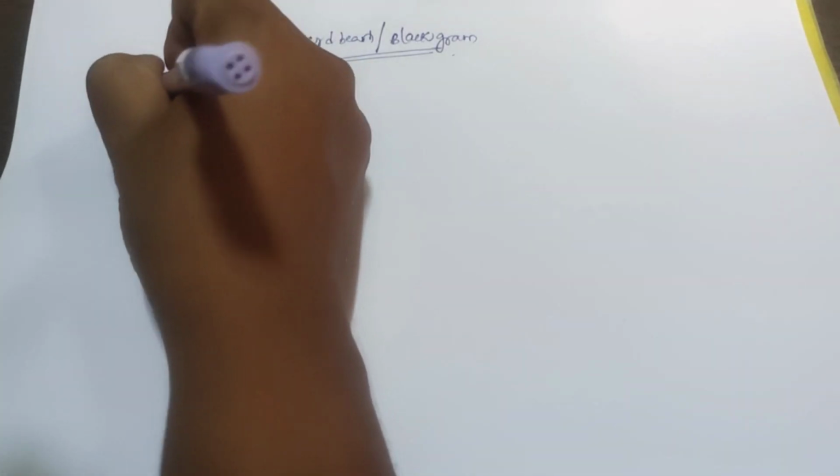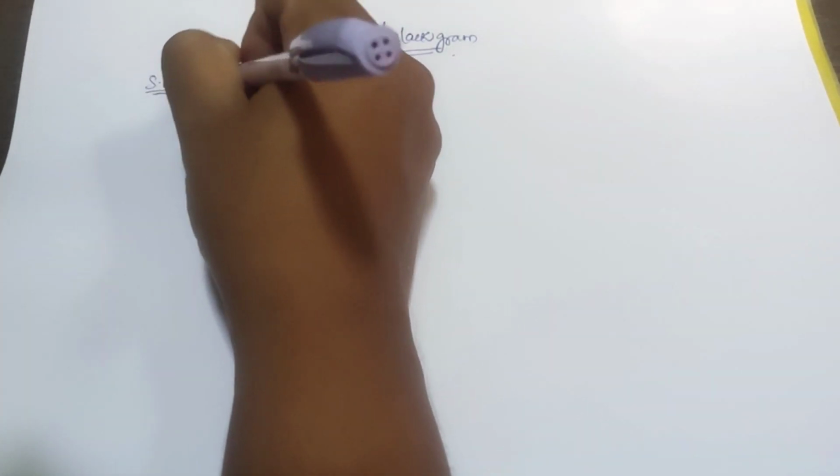Urd bean or black gram. Urd bean is also known as black gram. The scientific name is Vigna mungo.